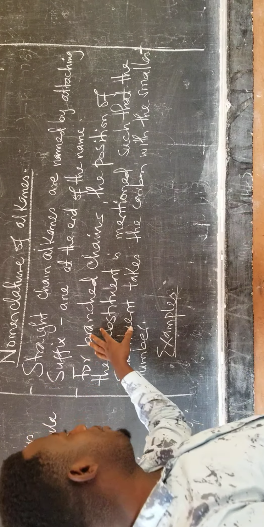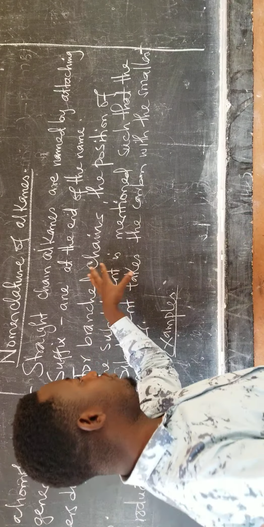Whereas if the compound is branched, then what is important is mentioning the position of the substituent or the branch. In most cases, the branches are going to be a methyl group or an ethyl group.